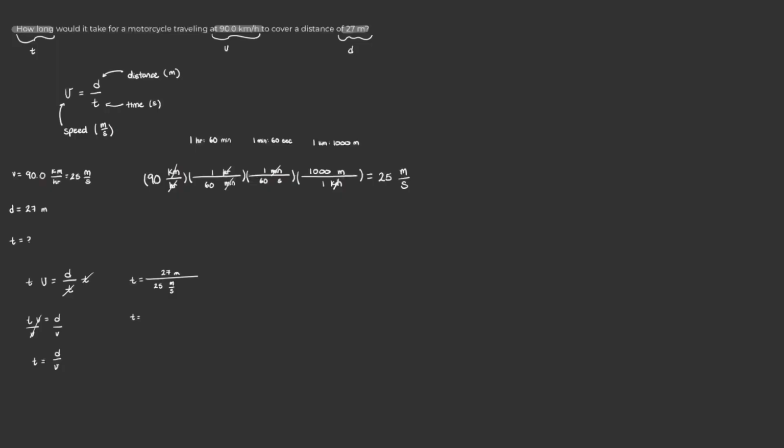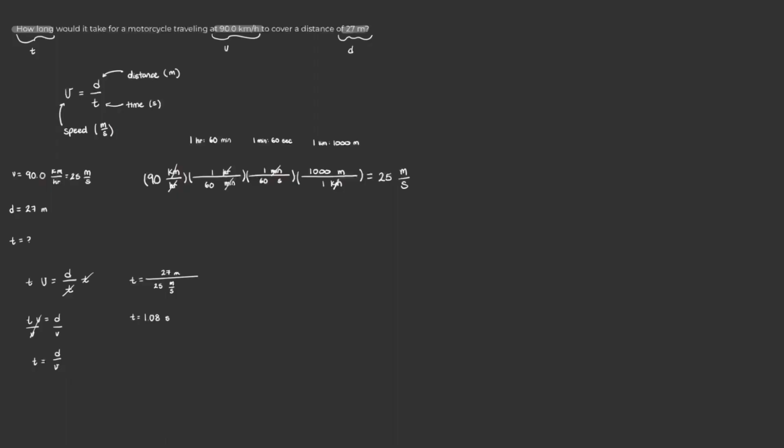All right. And now all that's left is for us to plug it into our calculator. If you really want, you can leave it as a fraction, 27 over 25. You can also just leave it as an improper fraction. That's totally okay in physics. Or we can also convert it as a decimal, which is 1.08 seconds.